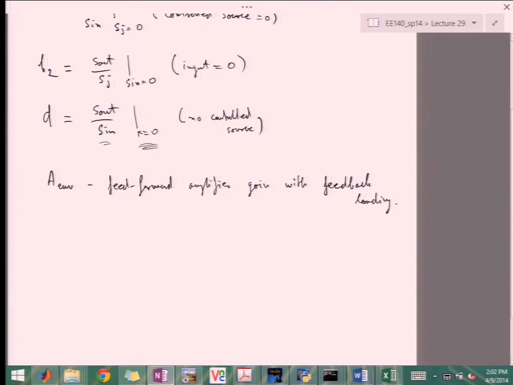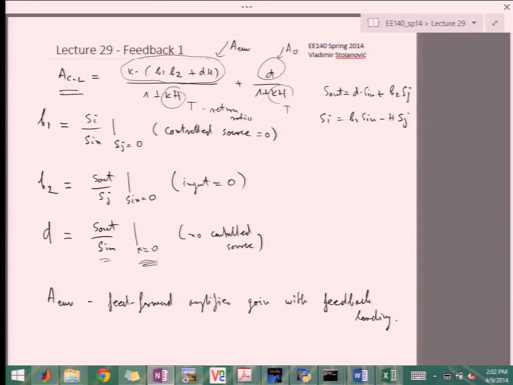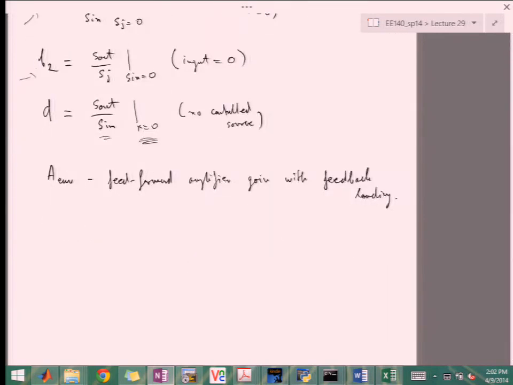Okay, so you may say, okay, that's all fine and dandy, but it's a little bit abstract, right? But actually, if you take a look at these values, if I know how to calculate B1, B2, D, and DH, then I actually have a way of calculating this whole quantity from real circuits. So we've already seen here how we can calculate B1, B2, right, and D. So let's take a look at what this really represents.